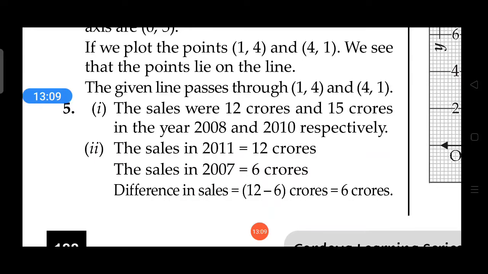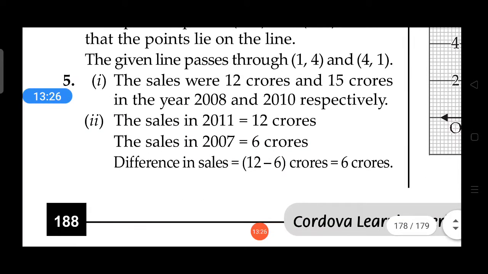And the sales in 2011, we have to see the graph and accordingly we can give the answer. The sales in 2011 were 12 crores, the sales in 2007 were 6 crores. So the difference from 2011 to 2007 will be 12 crores minus 6 crores, it will be 6 crores. Okay, so that is the answer.